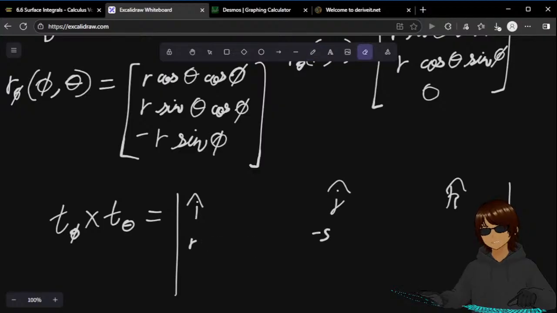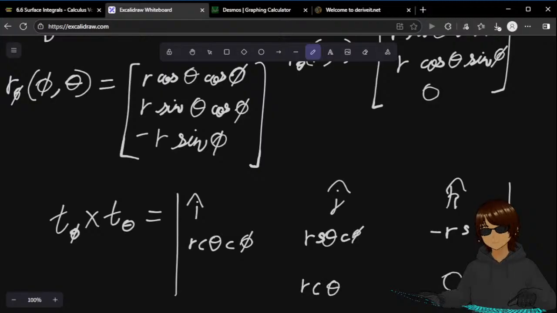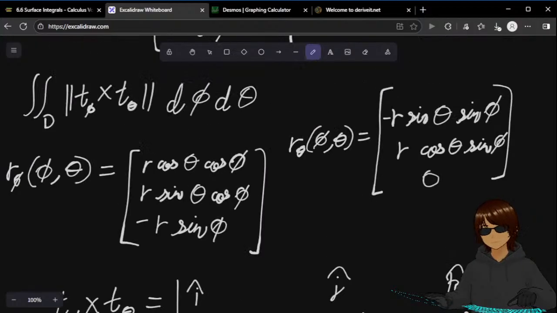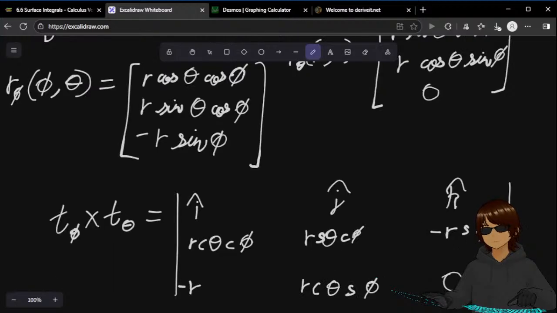I should just write C and S. C theta, C phi, S theta cos phi, minus R sine phi, 0. R cos sine phi, sine theta sine phi.